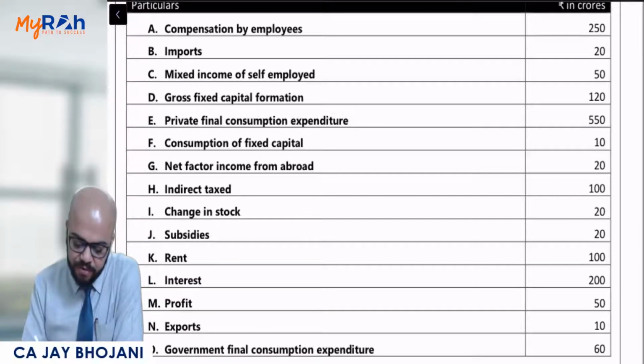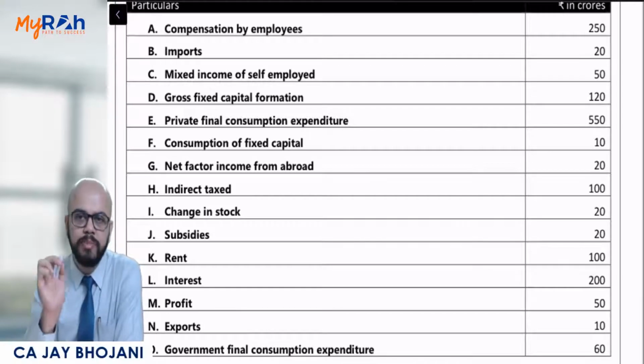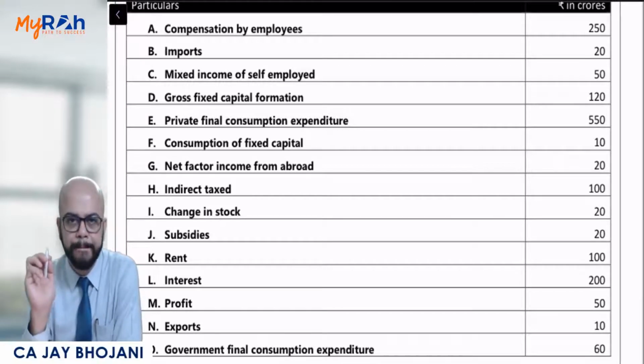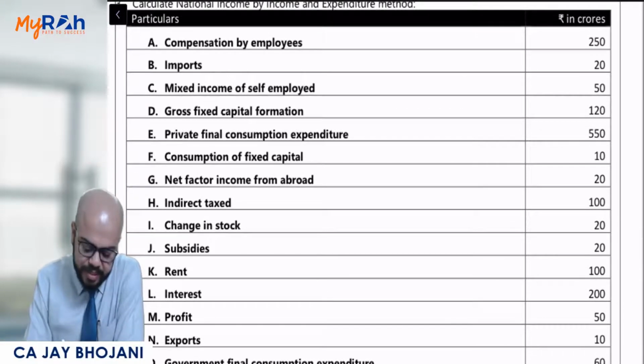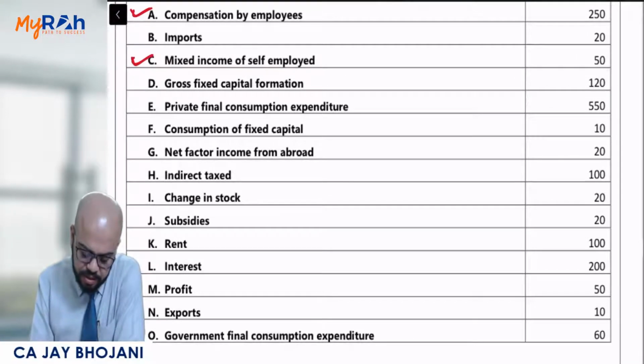Whatever is relevant for income method, I am going to mark that with red. Compensation of employees, yes, it is related to income method. Imports not relevant, mixed income relevant.